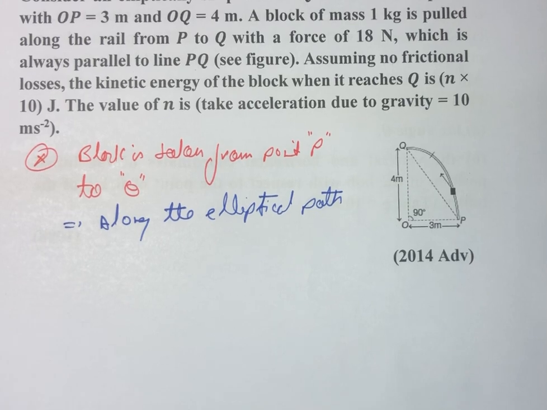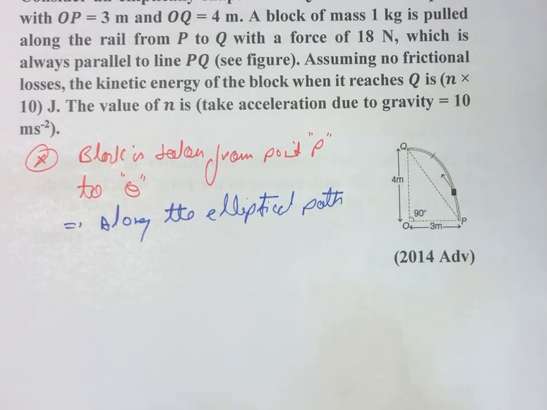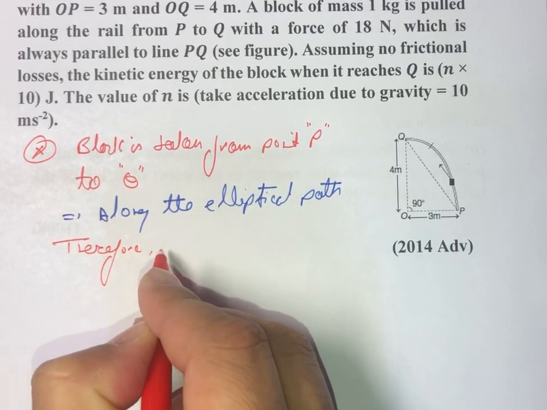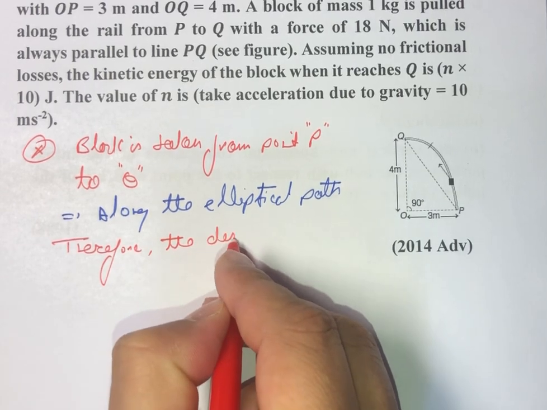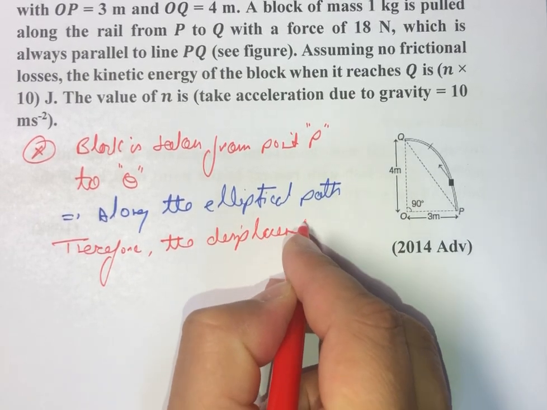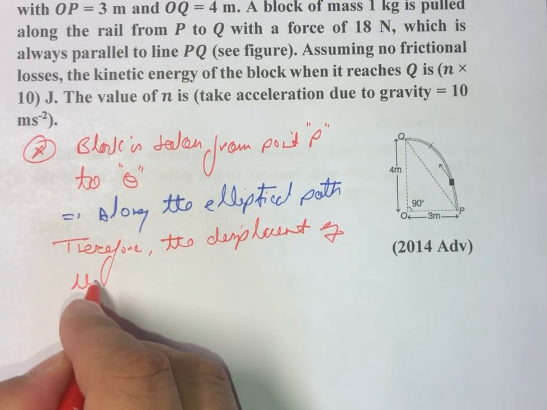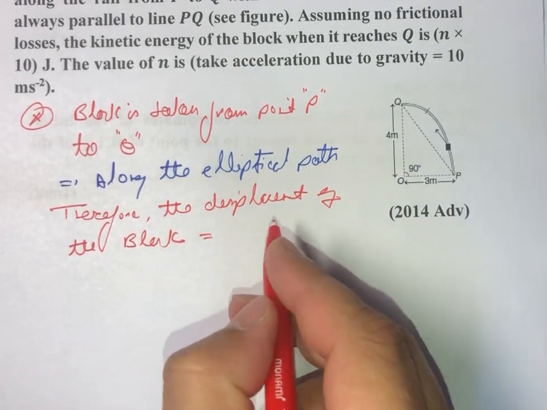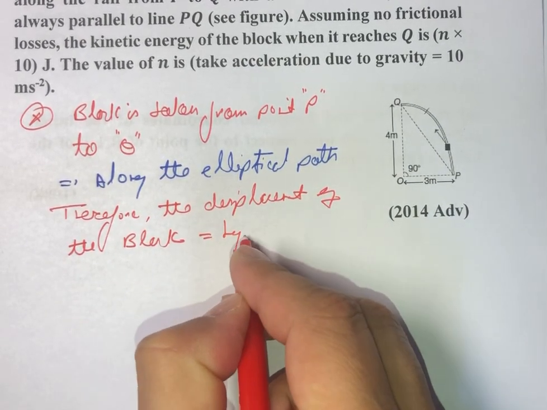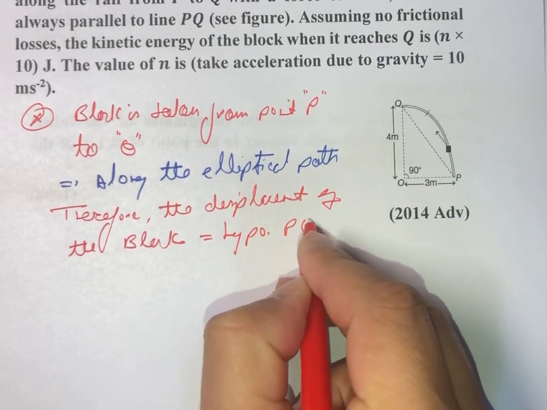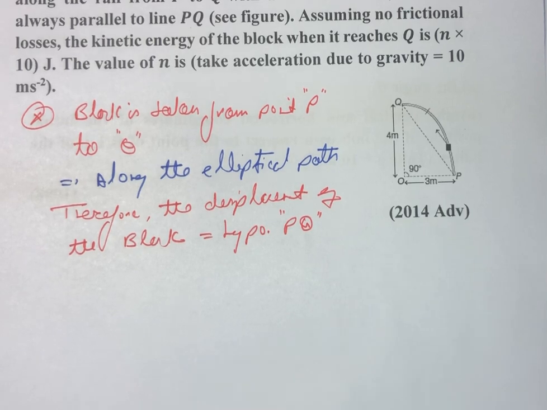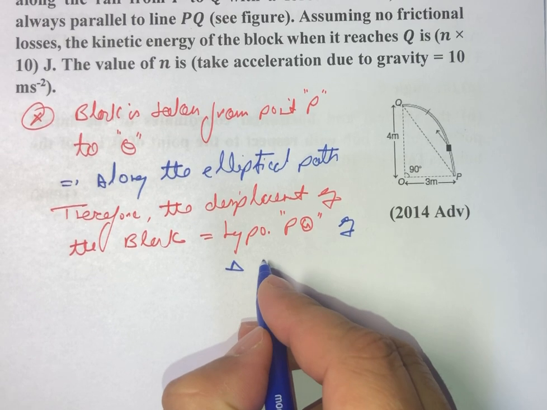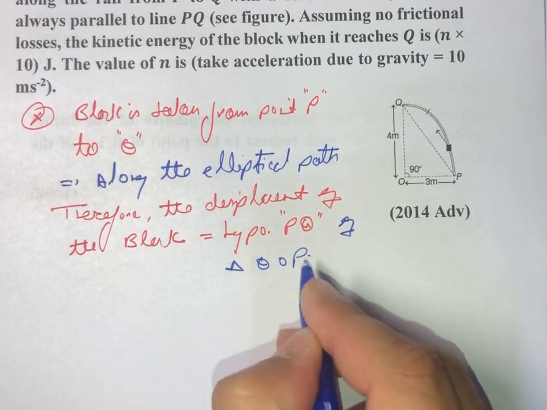So from here we can find out that the displacement of the block will be equal to hypotenuse PQ of triangle QOP.